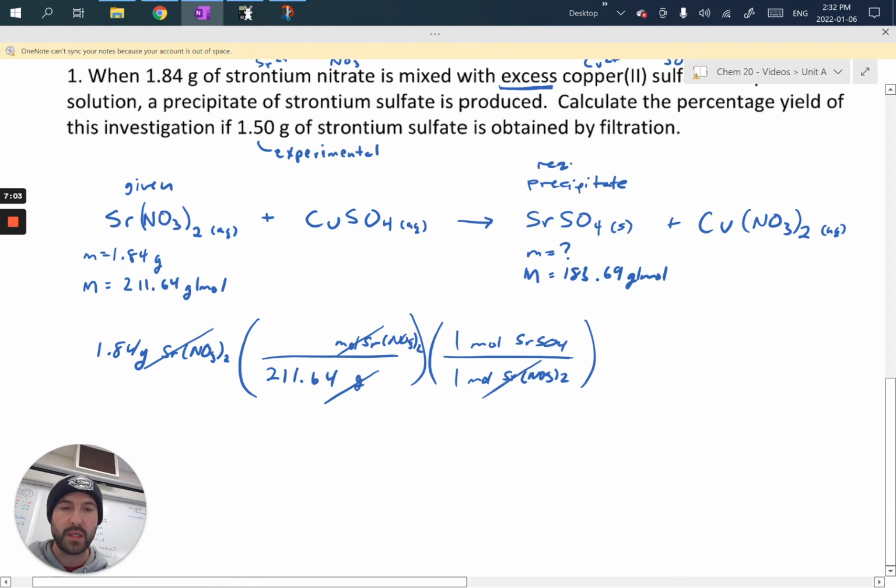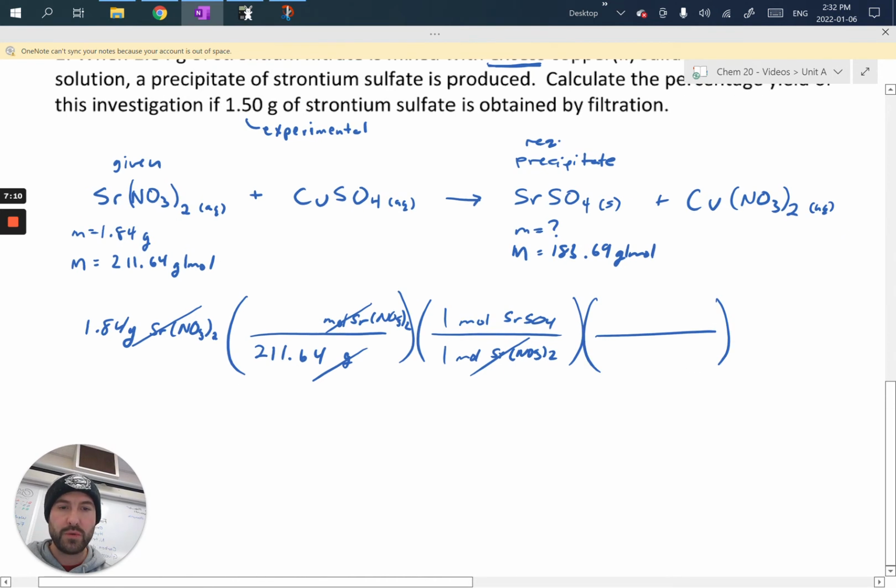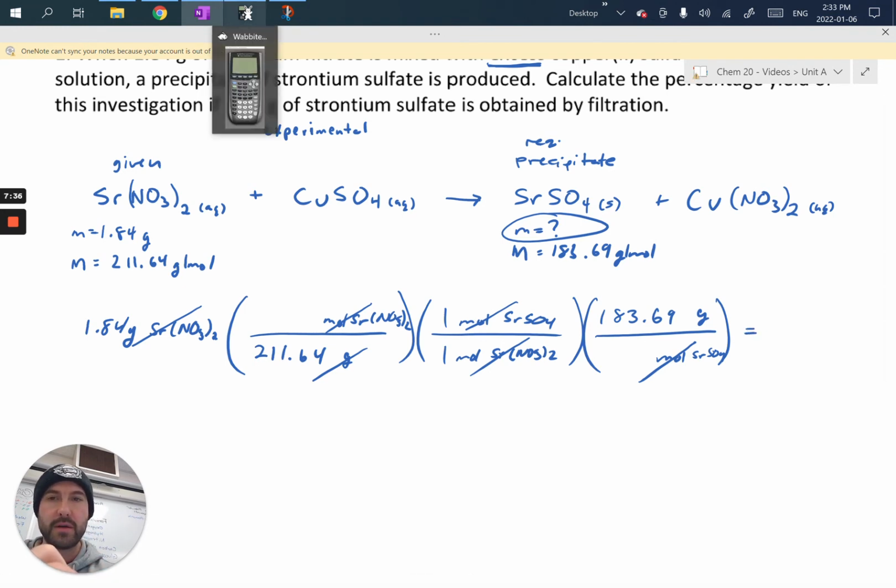At this point, I'm dealing with moles of strontium sulfate, my precipitate, and then I'm going to convert this back to mass because I want to know what is the mass of this product. So I want grams, and I have moles, and every mole of SrSO4 has a mass of 183.69 grams. And now I'm dealing with grams.